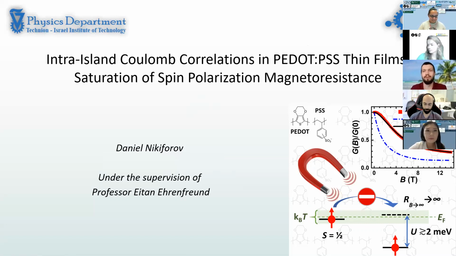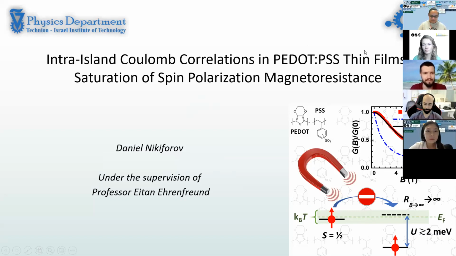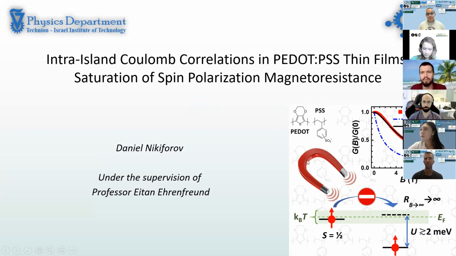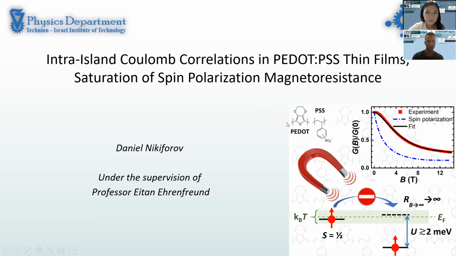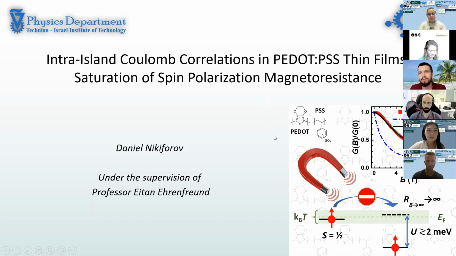So I'm going to talk in this presentation about the magnetoresistance experiments in PEDOT:PSS thin films. PEDOT:PSS is a heavily doped p-type organic semiconductor, which is composed of two polymers, a hole charge carrier PEDOT and an electron acceptor PSS.